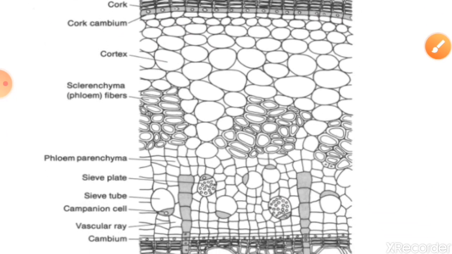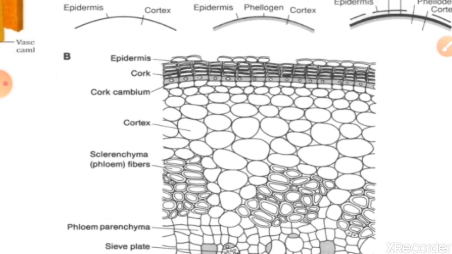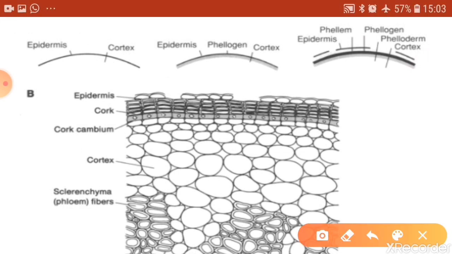You have learned about the meristematic tissues, and there I told you about the three types of meristematic tissue. One of the types is lateral meristem, which is also called cambium. So in the older stem and the root, in the cortex region, a meristematic tissue develops, and you can see here this tissue is called the cork cambium. This is a lateral meristem.